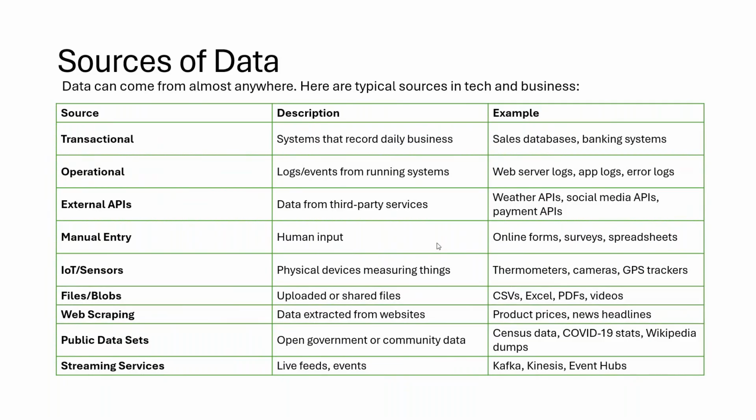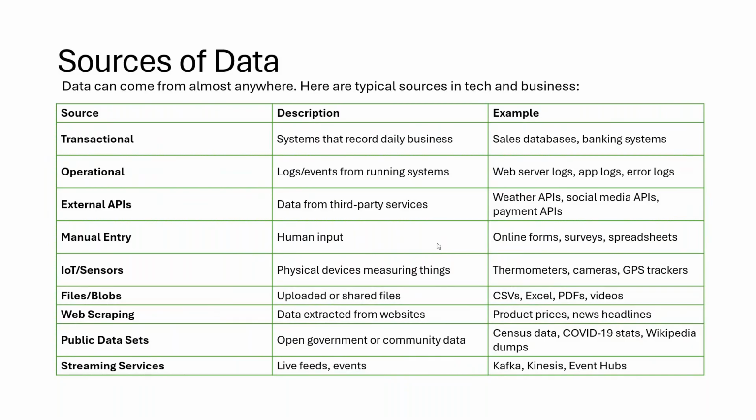Sometimes you have manual entries like surveys and spreadsheets. IoT and sensors are going to boom because we are getting into AI, ML, and robotics, so we are going to get a lot of data from there also. By the way, your mobile is also generating GPS data.